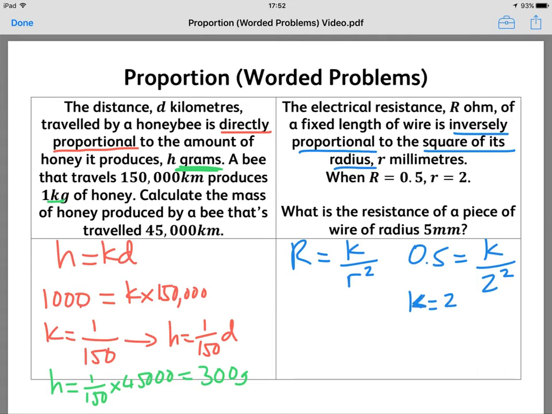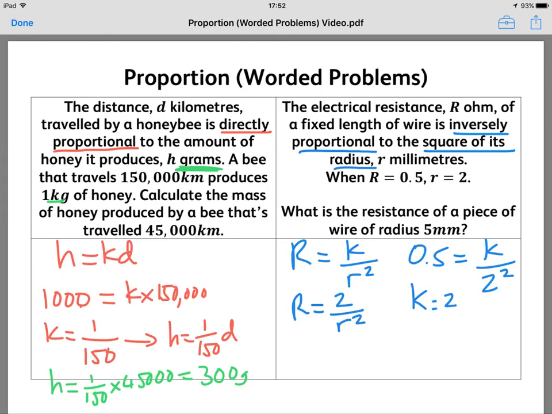Right, that's a really bad K, that's going to bug me if I don't change that. There we go, and so K equals 2. And so therefore we get big R equals 2 over r squared. So it says, what is the resistance of a piece of wire of radius 5 millimeters?